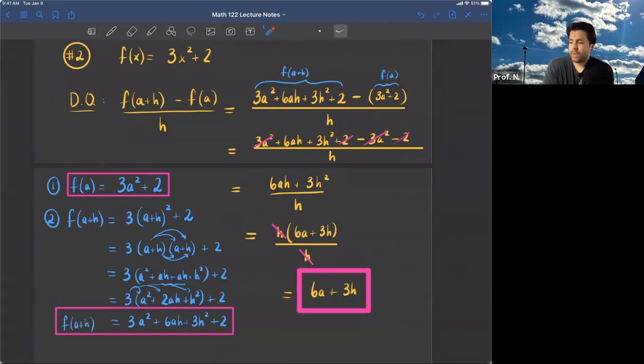So any questions about this particular type of question with difference quotients? So we're clear with this?